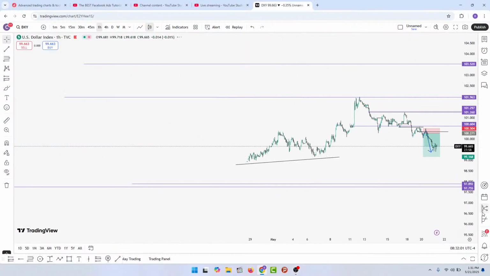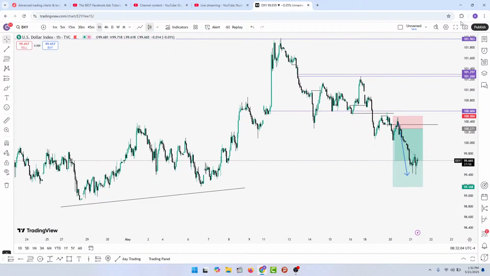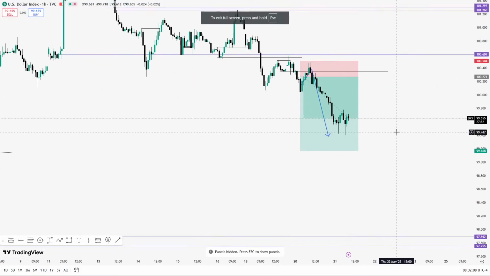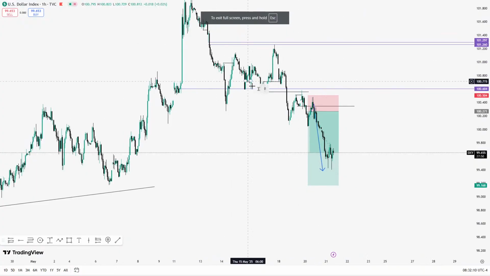Okay guys, so that is where we're looking to frame the setup for day trading on the 1 hour time frame.